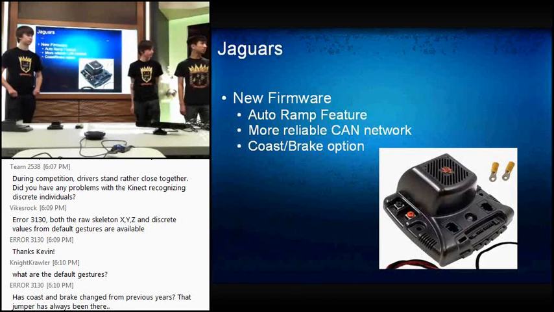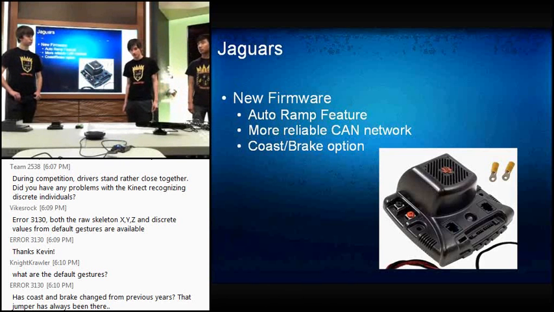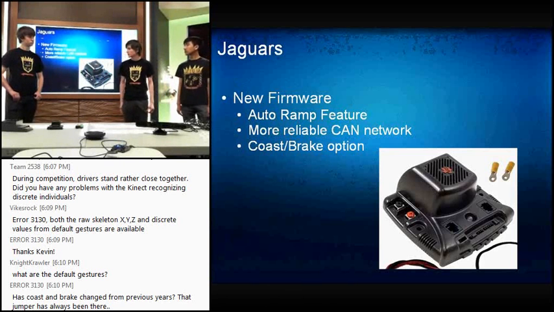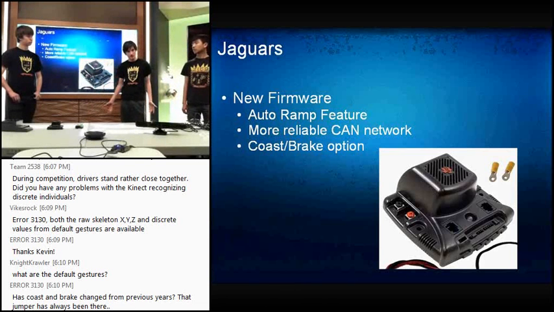And then also, somebody mentioned that there are some default gestures available. Do you guys know what those default gestures are? Yes, there are some default gestures available. Some of those include using the arms as joysticks, or very simple Boolean values such as the head to the left and the head to the right, and also different leg options. But don't use those too much in my follower.